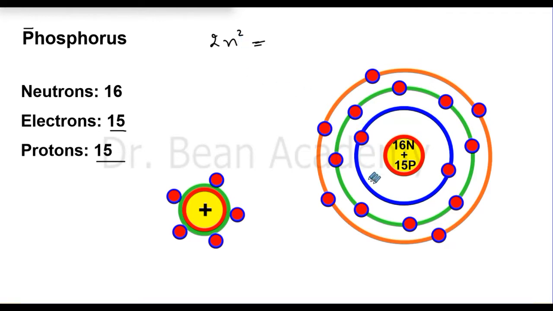The first shell, which is nearest to the nucleus, has n equal to 1, so the first shell can have only 2 electrons.